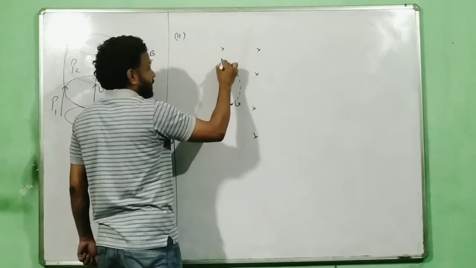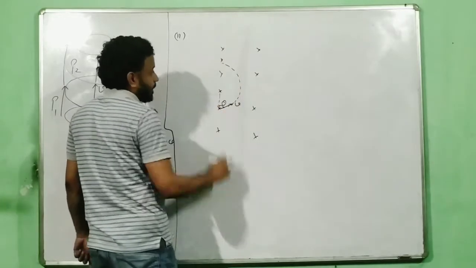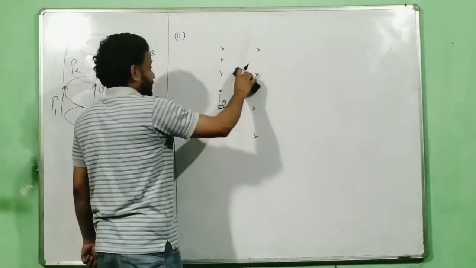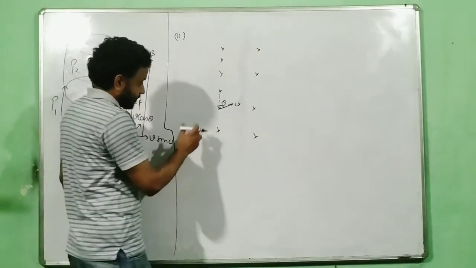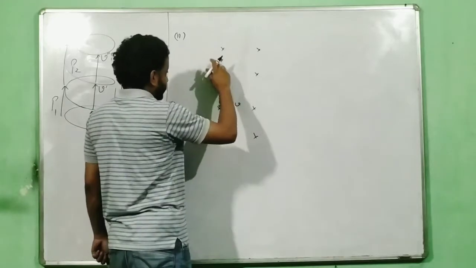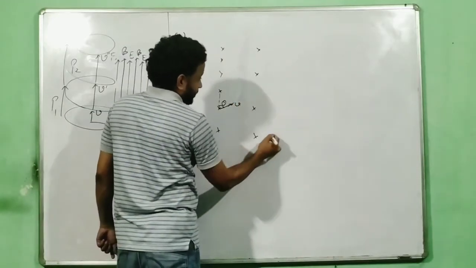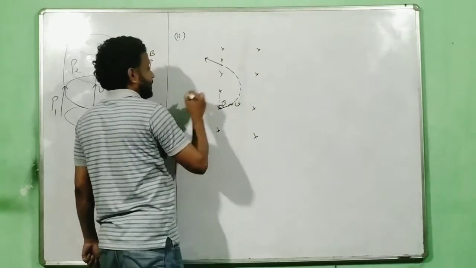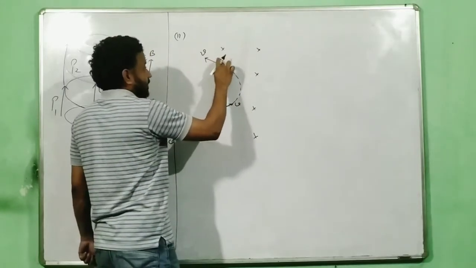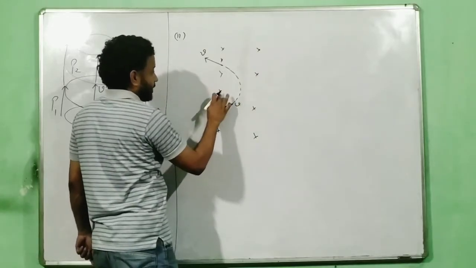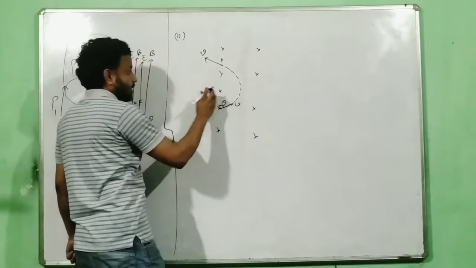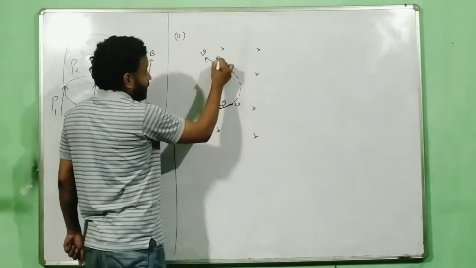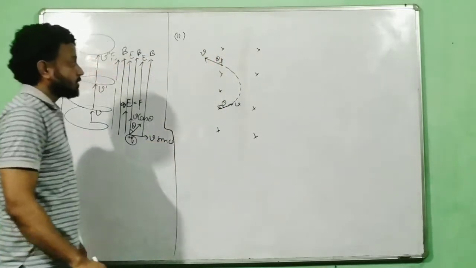So it will move in a circle and will come out like this. This is the velocity. And the symmetry says that this will also be at an angle of theta.